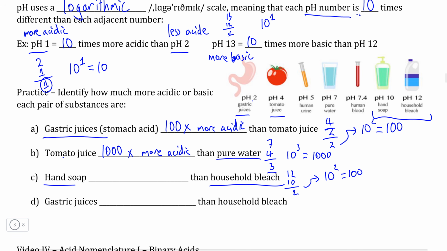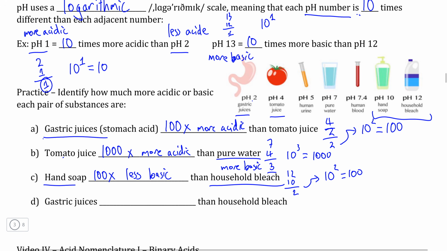So we can say that because bleach is more basic, because it's closer to 14, bleach is therefore 100 times more basic. Now, because hand soap is our point of comparison, we can say that hand soap is 100 times less basic than bleach is, which again is the same comparison, just going the other way.